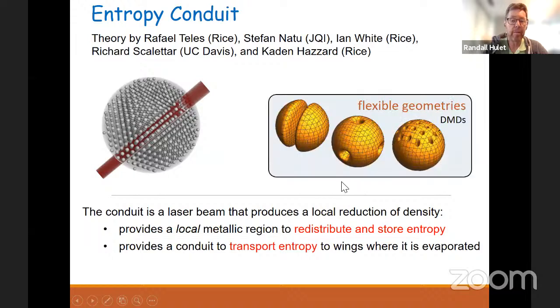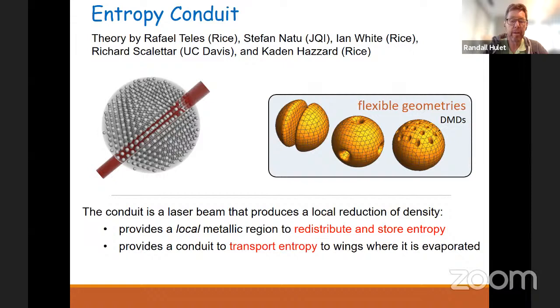And we had a lot of ideas on various kinds of geometries that one could employ to maximize this, to have enough of these conduits that you could very efficiently conduct entropy away out to the edges. Well, it turns out that in order to make something very functional, you had to have a sample which is big enough compared to your optical resolution.